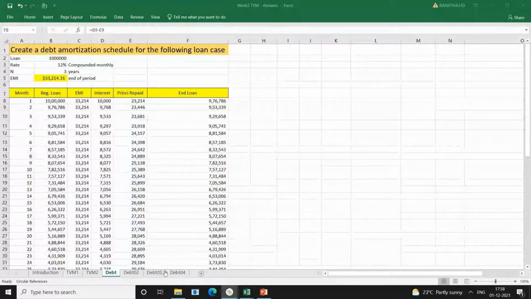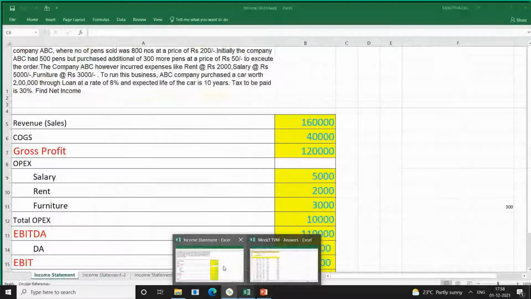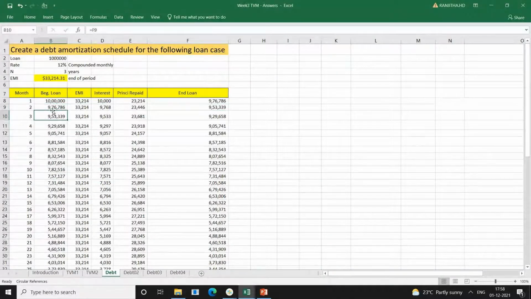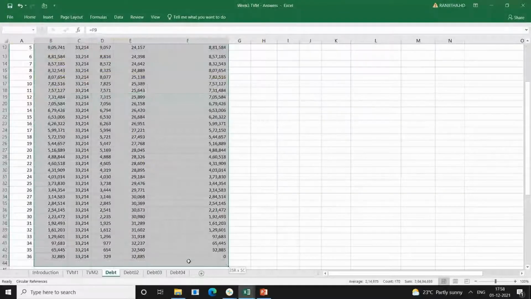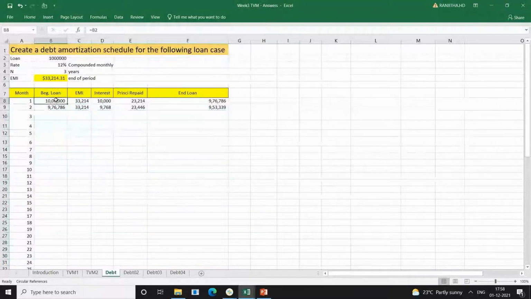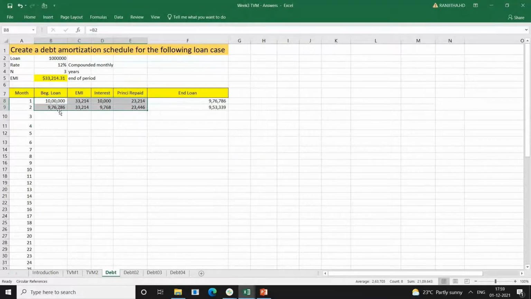Once you have dragged, see, do the cell properly. You don't use that shortcut. Select this cell which has been done. First you find the answer for one column, one row: equals, then end loan.